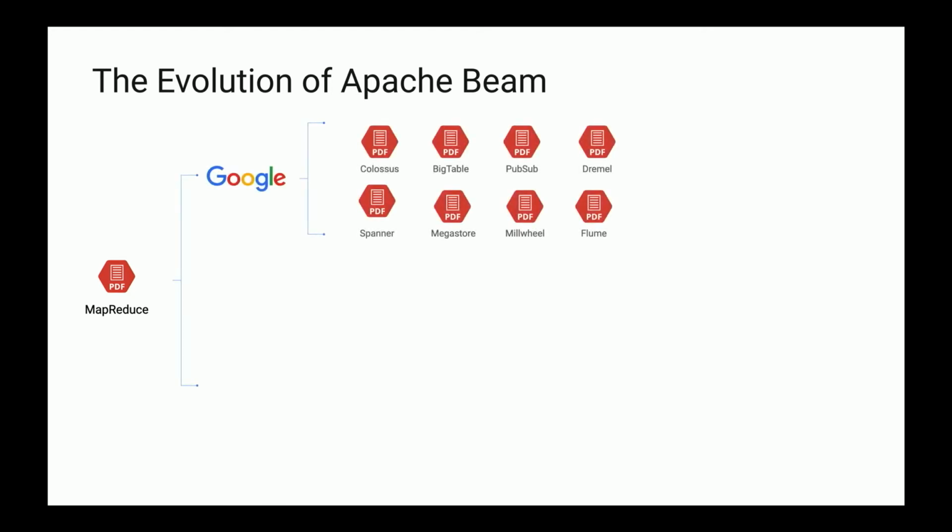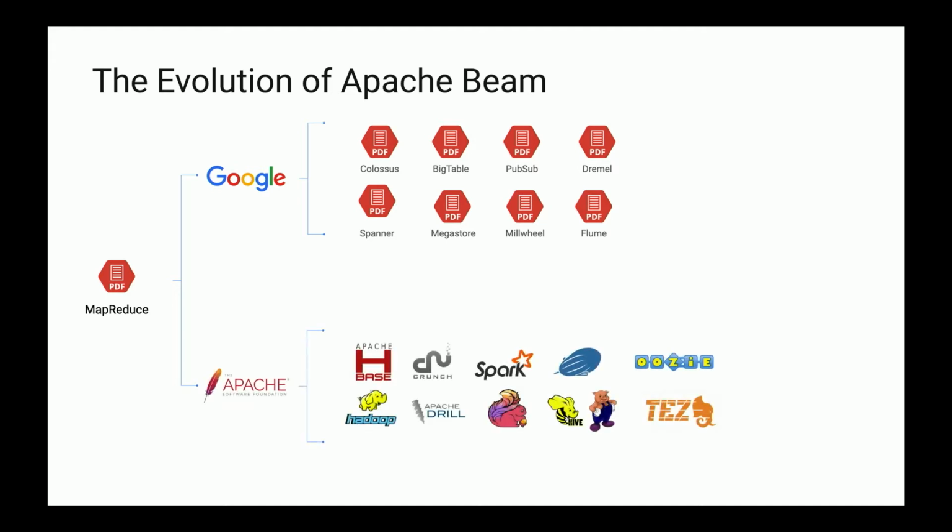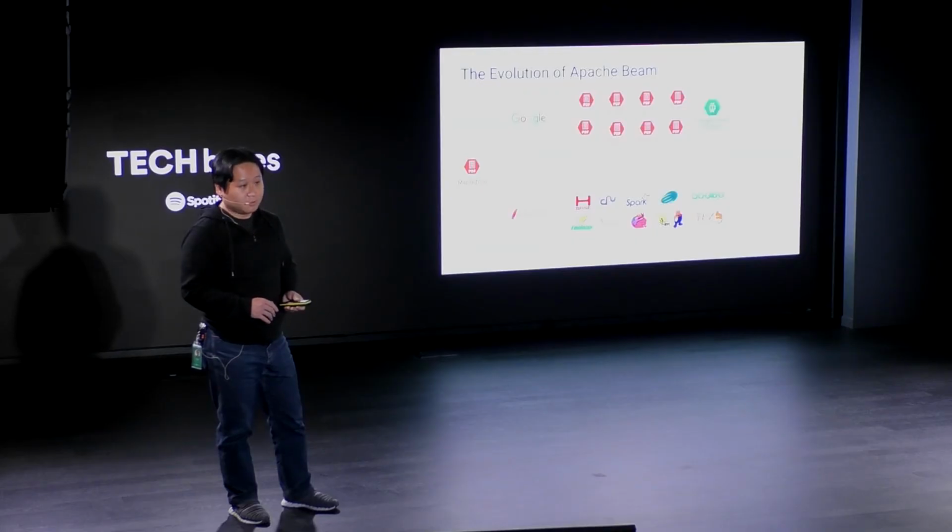Google introduced MapReduce, and then they introduced a lot of other papers that inspired many open source projects, like the storage products, BigQuery and the columnar format, and both batch and streaming processing platforms. About 4 years ago, they published another paper, Dataflow, which describes a new unified programming model for both batch and streaming processing.